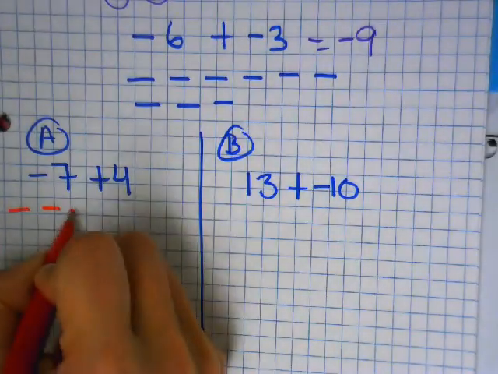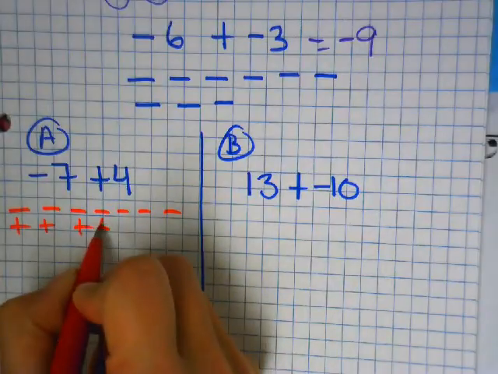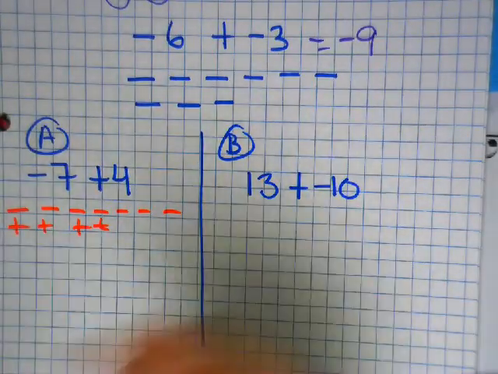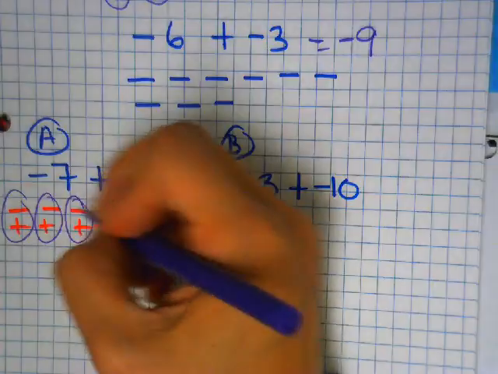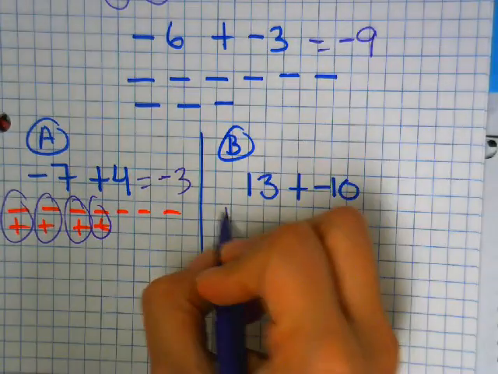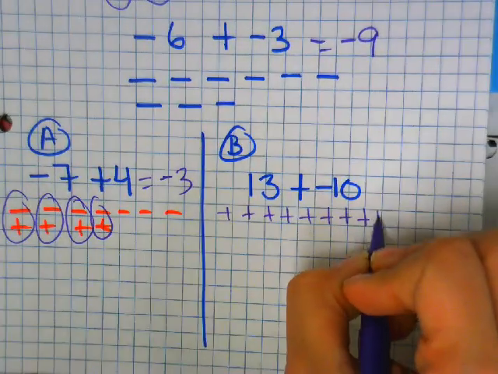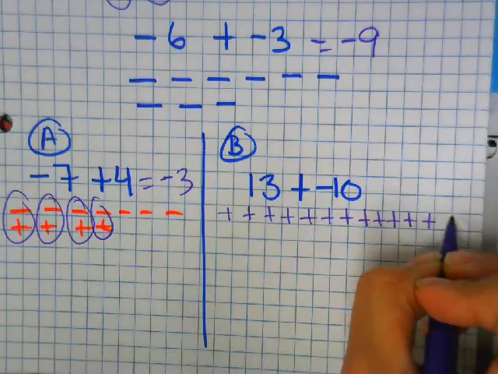What do we get for A? Negative 3. Very good.